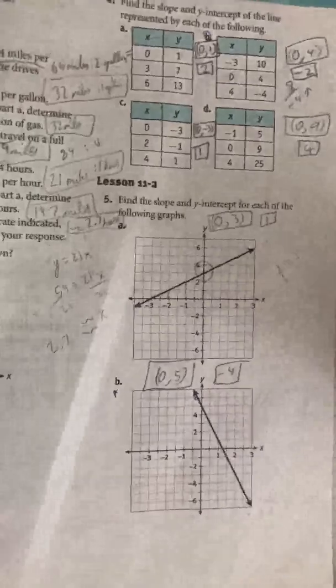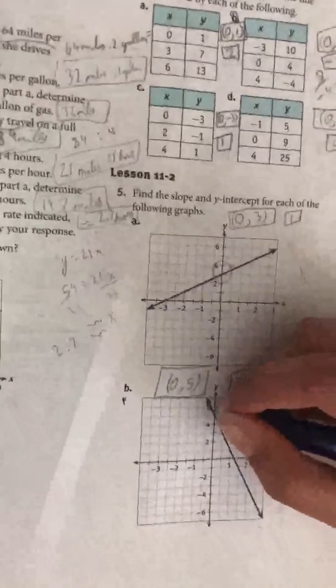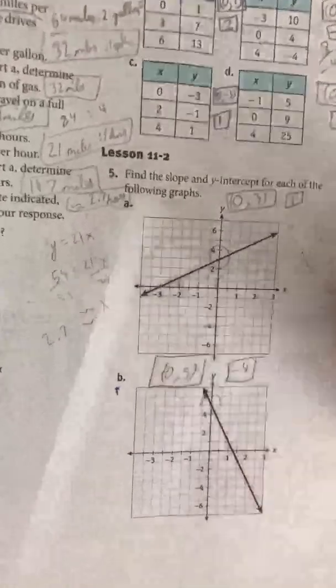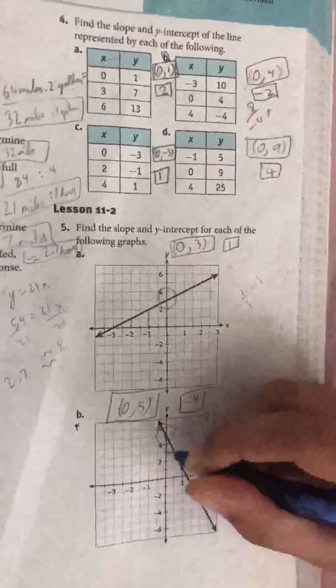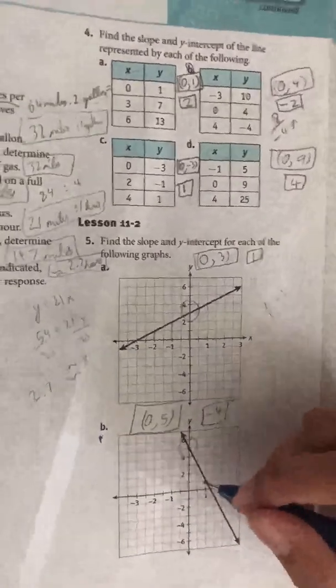5B, we can find out our y-intercept because it's right here, (0, 5). And we know our slope is going to be 4 because our horizontal change is 1, so that's on the bottom, and our vertical change is 4, so that's on the top. And since we're going downwards, it's going to be negative, right?